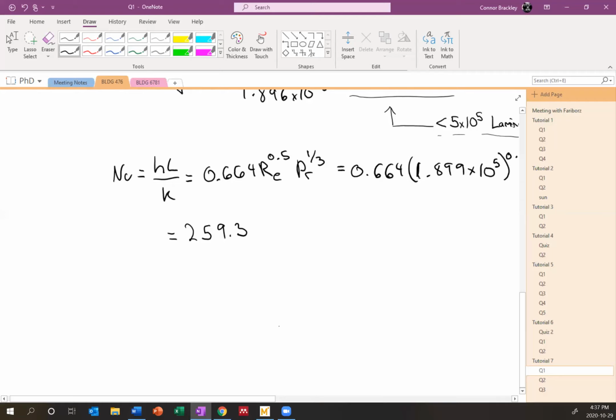Okay, so now we just rearrange this because what we're interested in is our heat transfer coefficient.